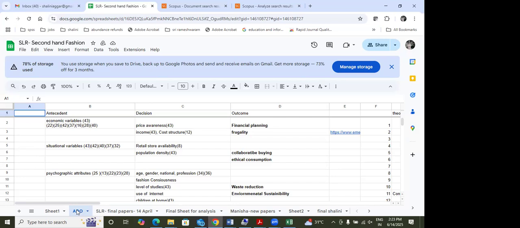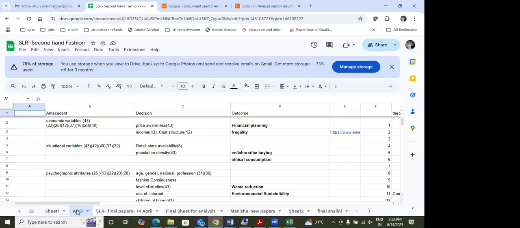We were three friends when we started this paper on second-hand fashion, all three from different locations in India. What we did was float a Google sheet like this. This is the actual Google sheet from our paper on second-hand fashion.